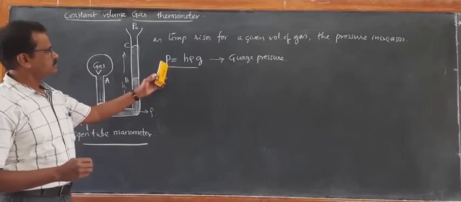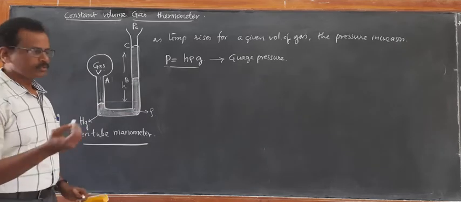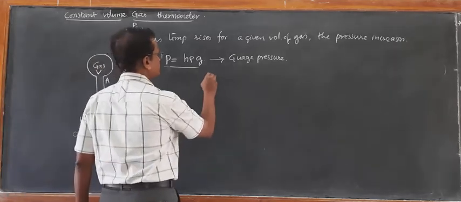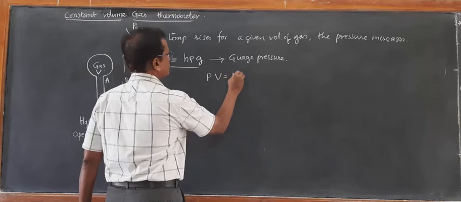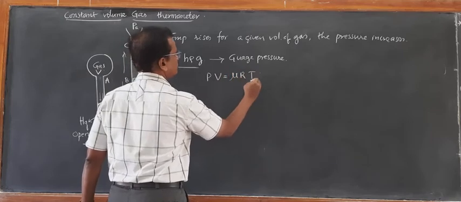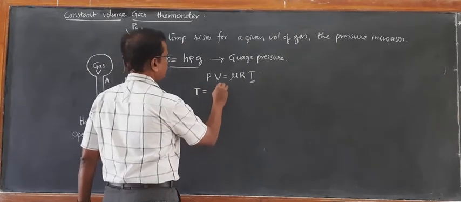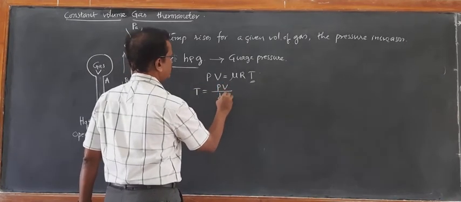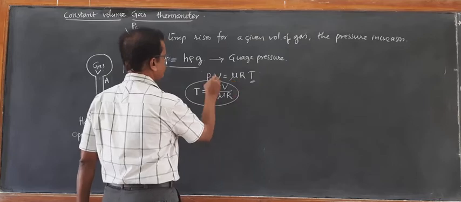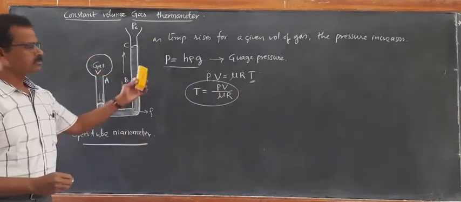Once we know the pressure, then using PV equal to mu RT, we will be able to calculate T. That is, T equal to PV upon mu R. So this is how we calculate temperature with the knowledge of P.